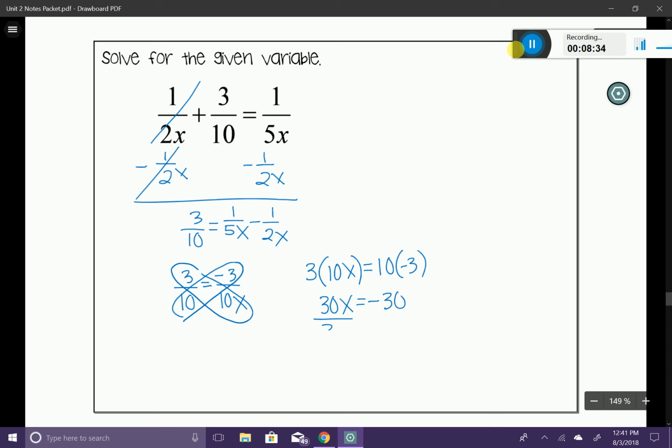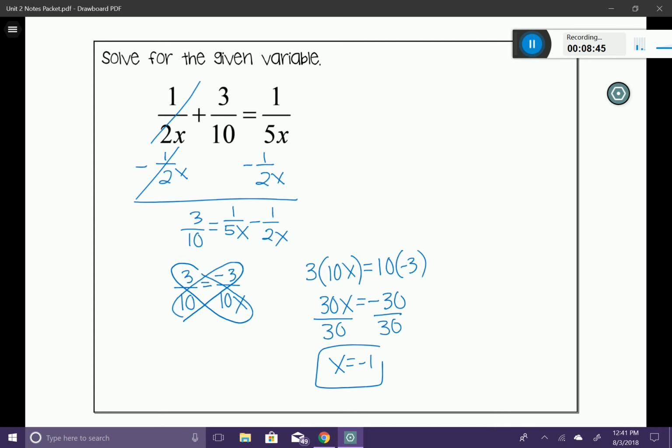And I'm going to divide both sides by 30 to give me x is equal to negative 1. And you're done. So it's just a matter of working with that denominator and making those denominators the same, and then working with fractions. That's really basically it with this concept. But what's really cool about this is taking that concept of proportions and using that to help us answer these types of problems.